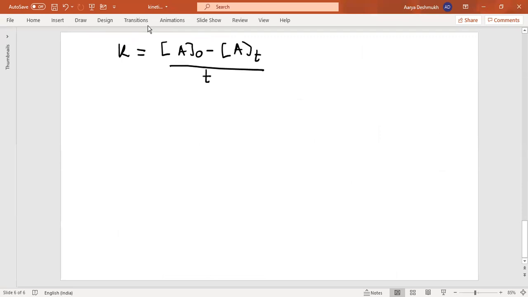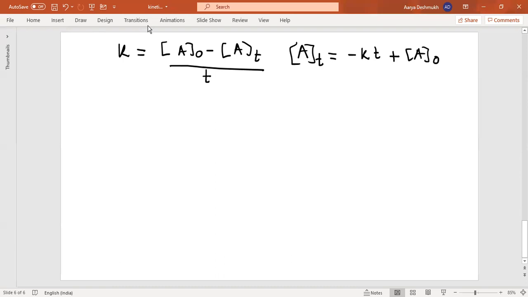Or the same you can write in this form also: At equals minus Kt plus concentration of A at 0 time. These are the forms of the integrated rate law for zero order reaction.